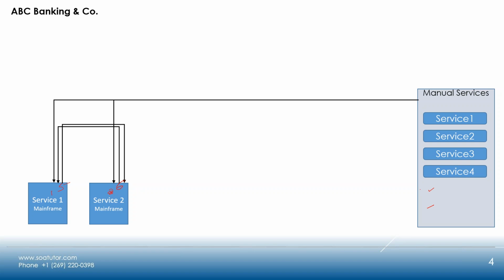And slowly, as the company grew, the number of customers also increased. Let's assume service 1 is taking care of opening a bank account. For any customer, that is the first step, right? He has to open the bank account for doing anything, or taking a loan, or crediting money, whatever it is.